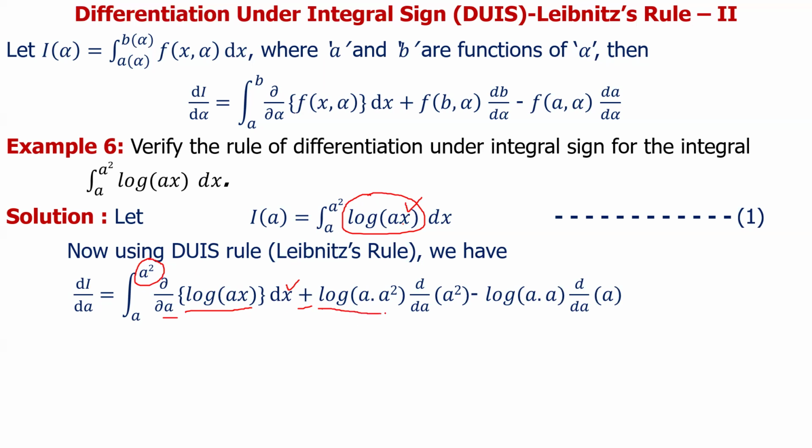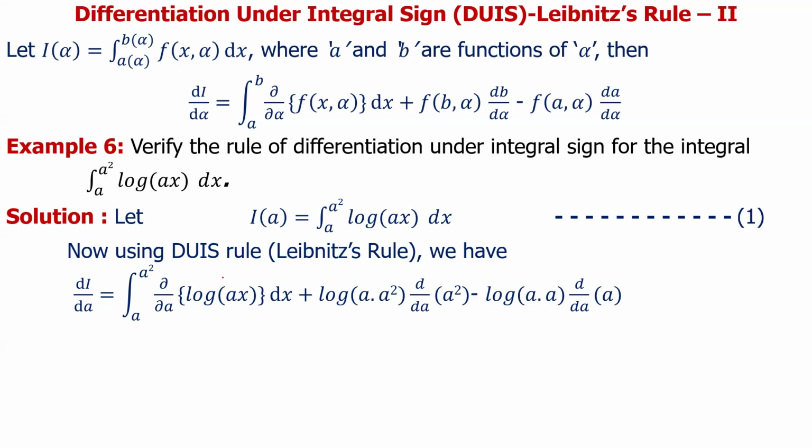So we can write log of a square into the derivative of the upper limit a square with respect to a, minus the functional value of the given function log of x at x equal to the lower limit a. So log of a, into the derivative of the lower limit. The lower limit is a, so the derivative of a with respect to a.